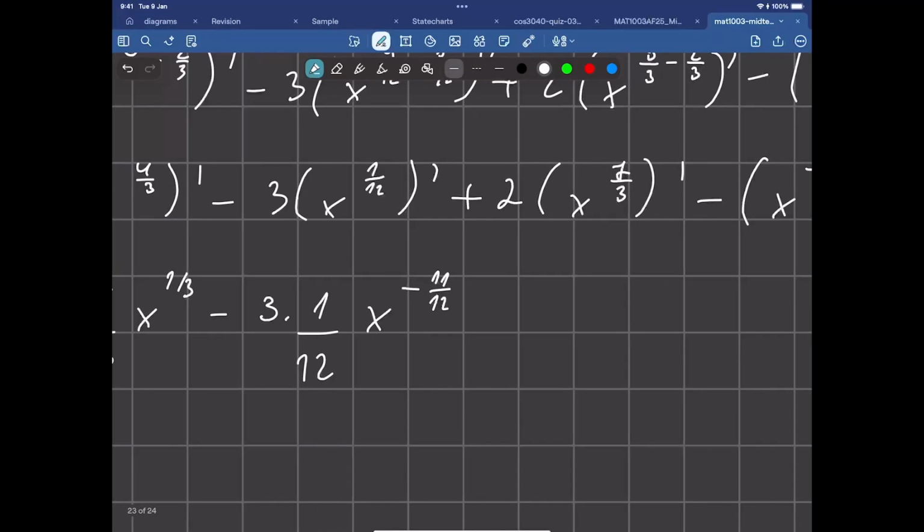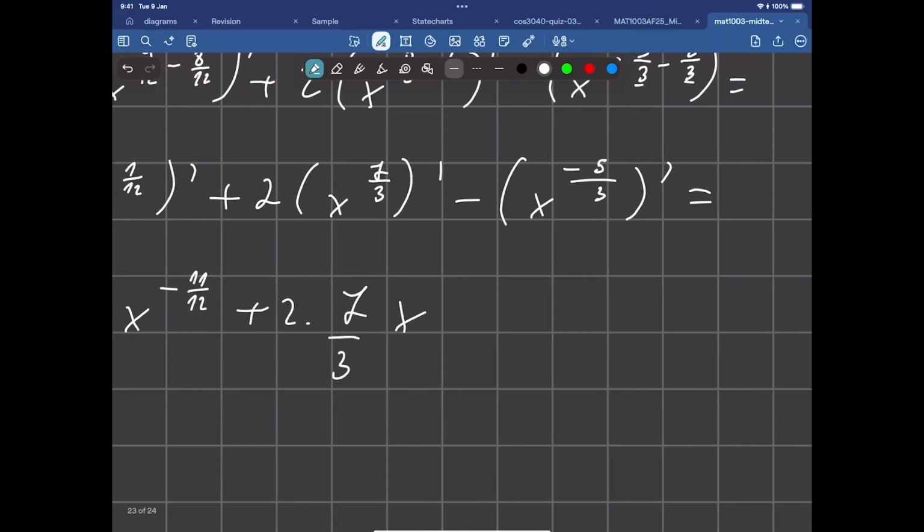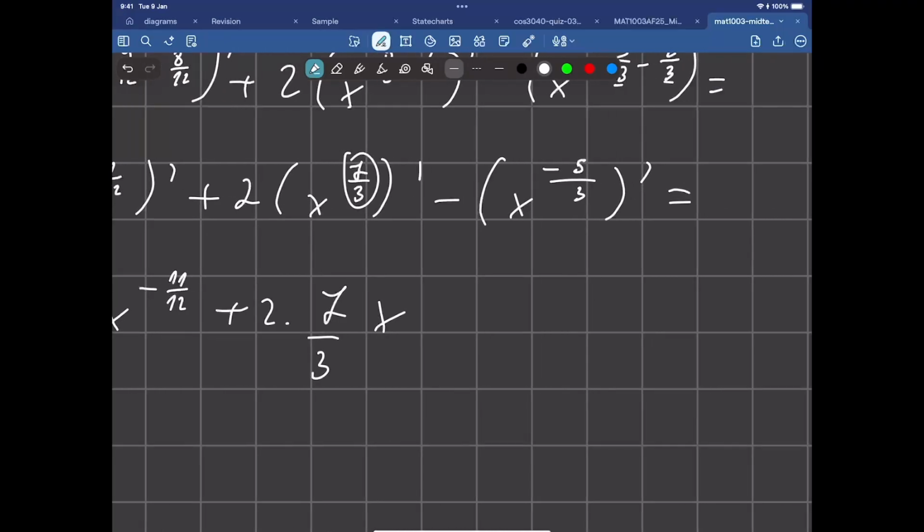This is so hard to pronounce, wow. Plus 2 times, bring this down, 7/3 times x to the power of this thing, minus 1. So 7/3 minus 3/3 is 4/3. Minus, and now because I bring this down and I multiply by it, I have minus times minus, which will give me a plus, right?